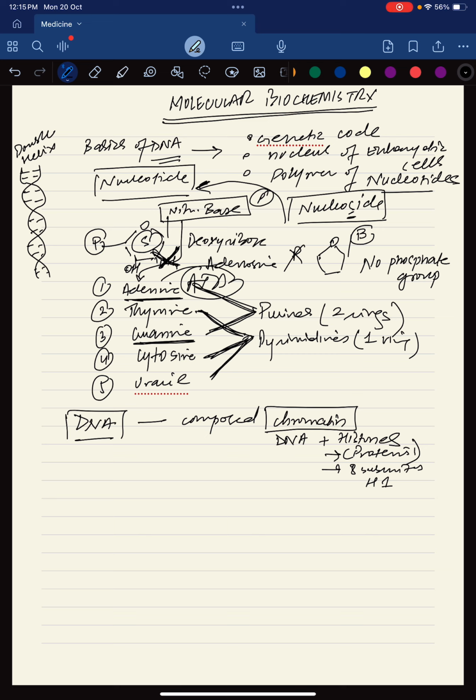The subunits have different names like H2A, H2B, H3, and all these subunits, with H1 as the external part, that at one point attaches to the linker DNA and stabilizes the chromatin structure.